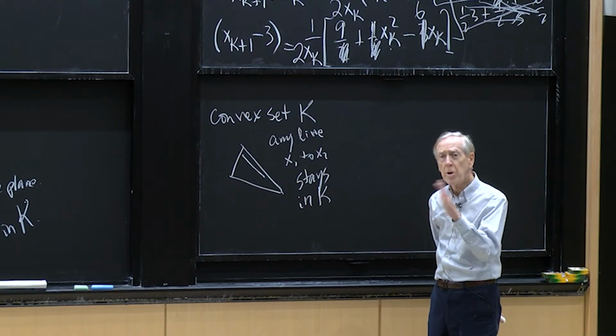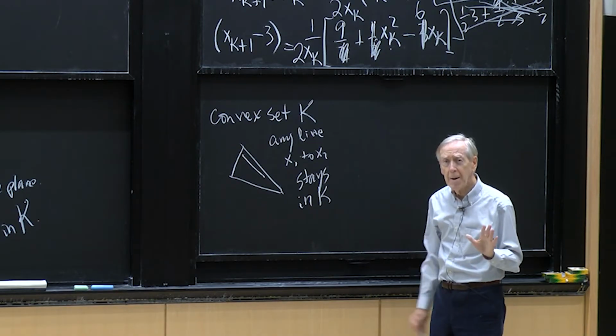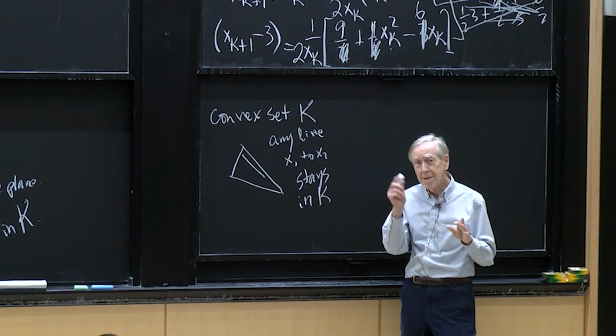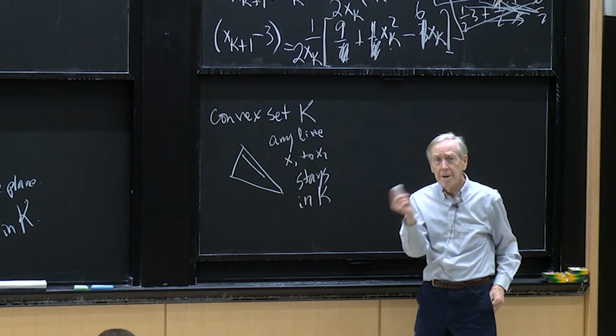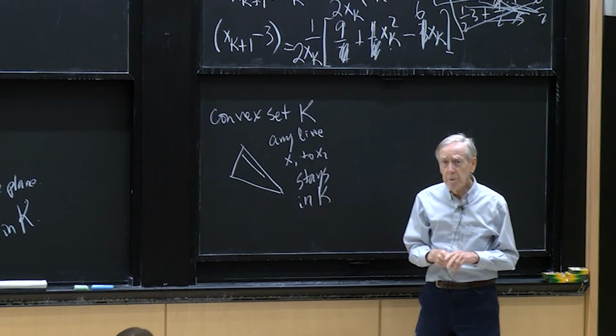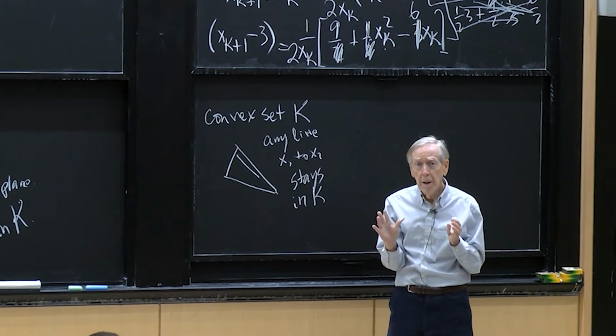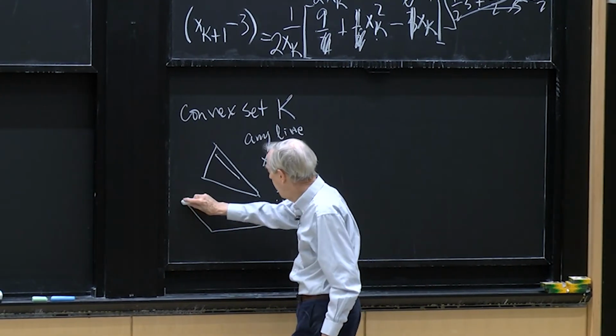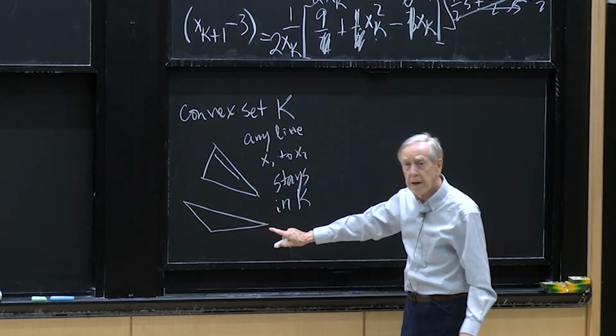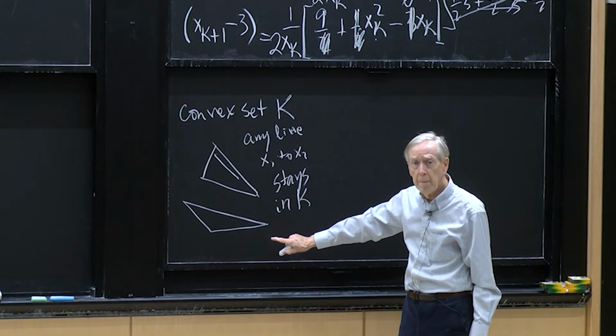What if I took the union of two triangles? All I want to get you to do is to visualize convex and not convex possibilities. Suppose I have one triangle, even if it was obtuse, that's still convex, right? No problem.